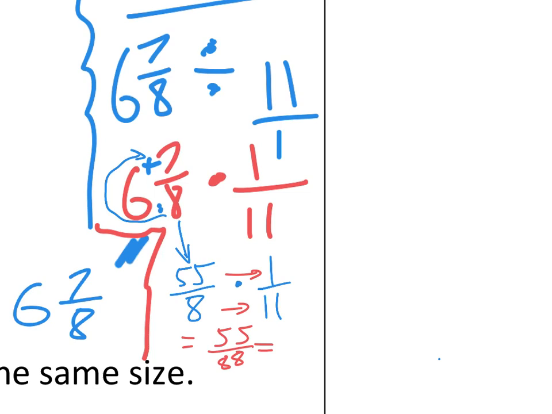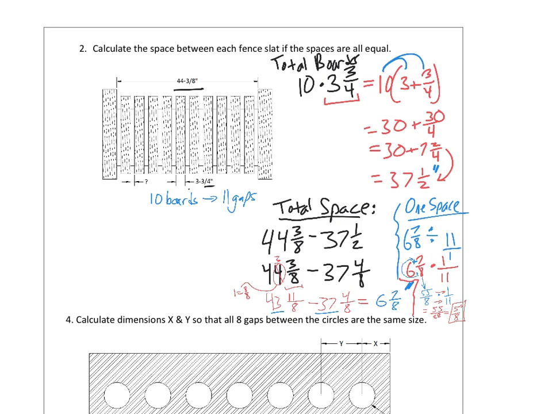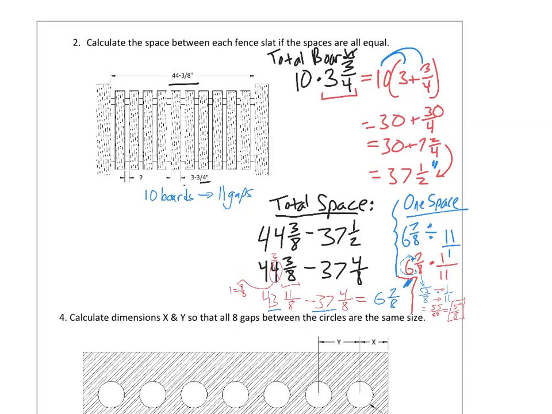And now 11 goes into those, so let's divide by 11. We get 5/8. It comes out to exactly 5/8. In the next problem, we'll see how we can change it into a decimal and make life a little easier. Here we could have changed it to a decimal at the beginning, but that was good fraction practice, okay?